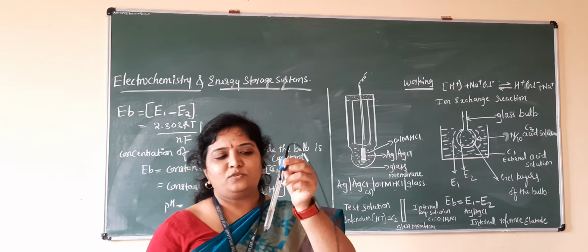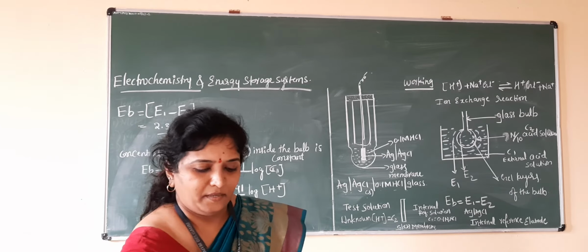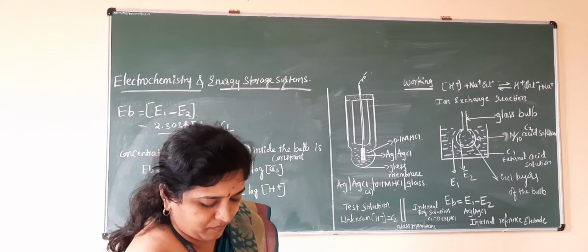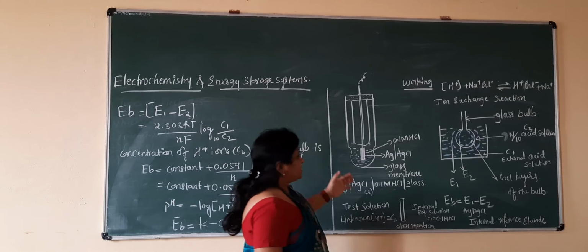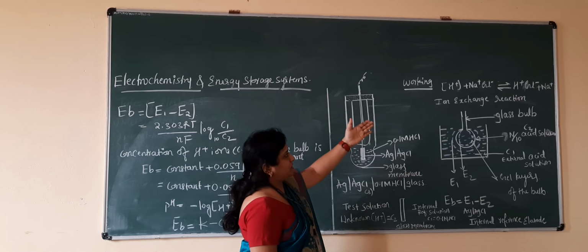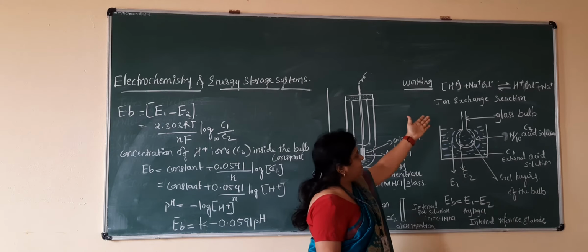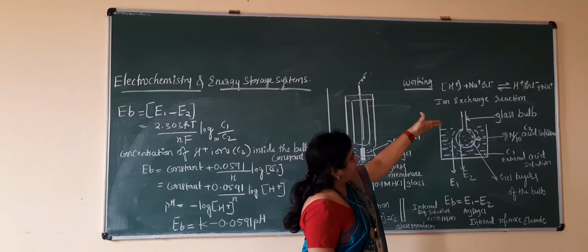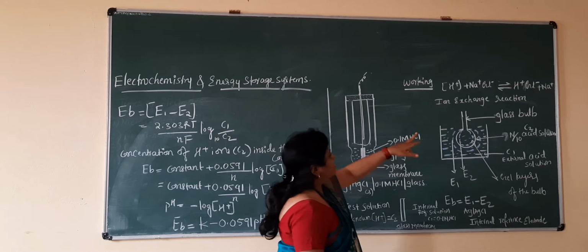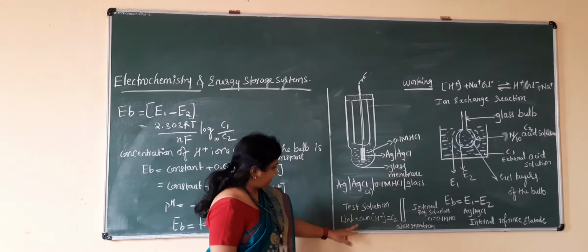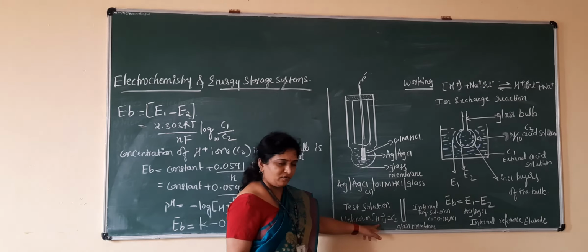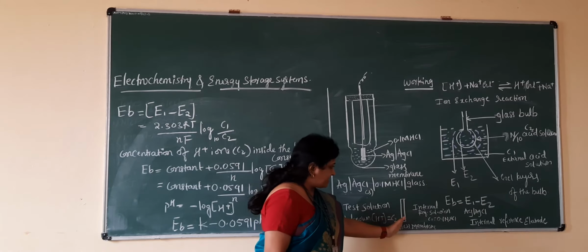Now how does it work, that we have to see. The same ion exchange reaction, that is H plus ions are exchanged with H plus ions, we can write like this. The test solution we have taken, the unknown solution, that is H plus ion with concentration C2, and this is the glass membrane.